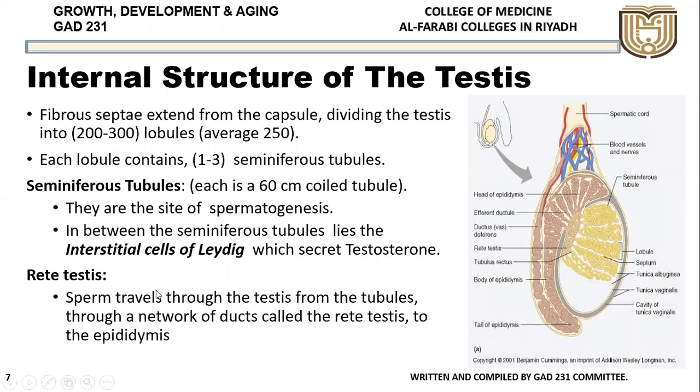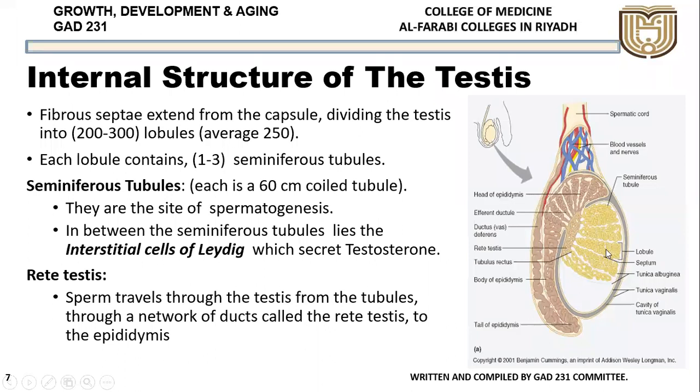Okay. So all these seminiferous tubules go here and form a network that is called the rete testis. All the seminiferous tubules open here and form a network. Sperms travel through the testis from the tubules.